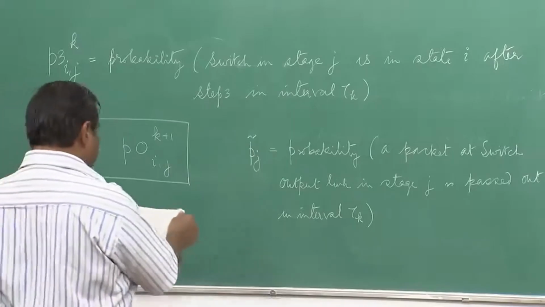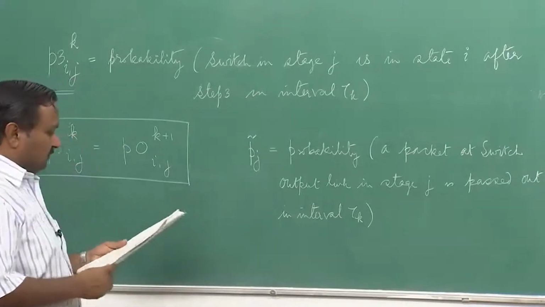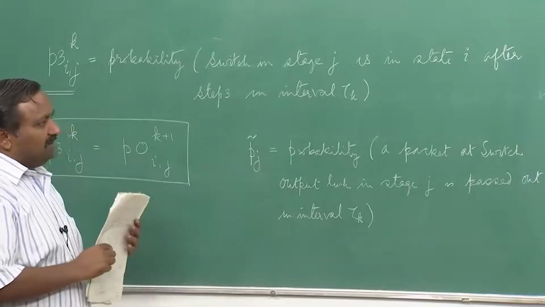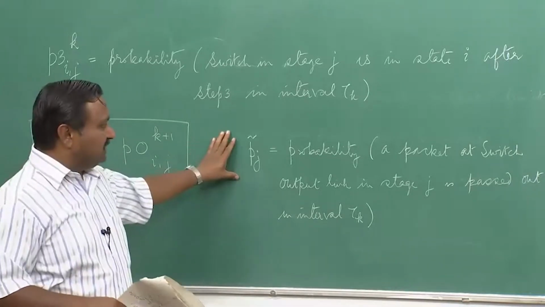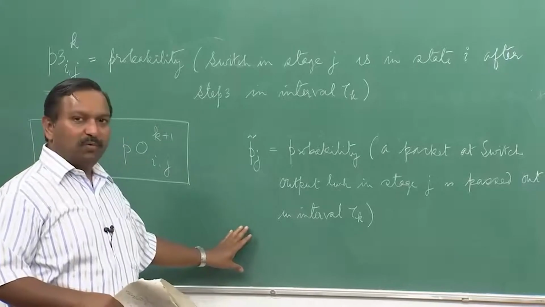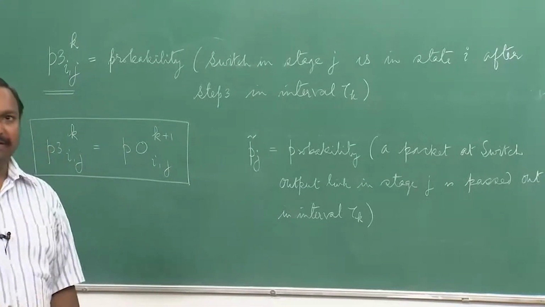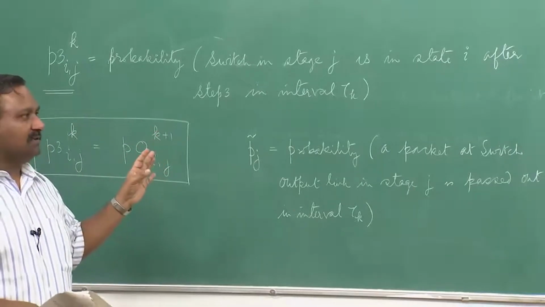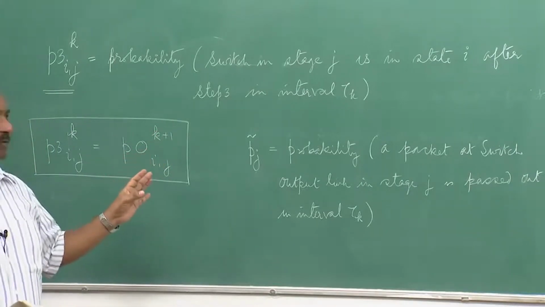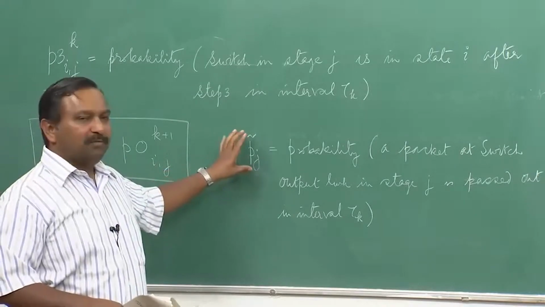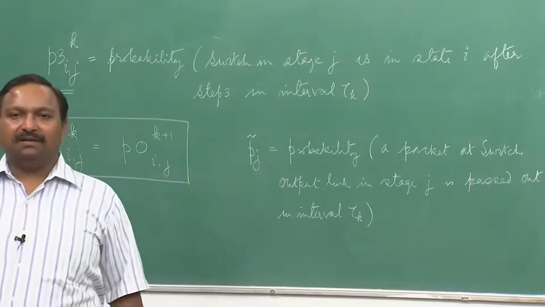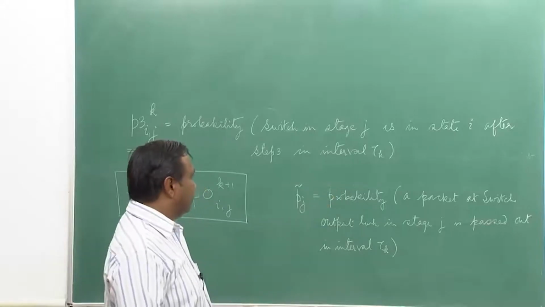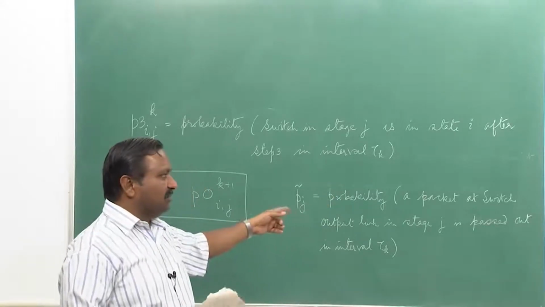So, now we need to figure out what the states are before we start estimating this Pj tilde, and there is another probability we will define, Pj bar, and based on that we will make the complete estimate. Ultimately, what we want to find out is the throughput, which will be Pn minus 1 tilde, the probability that a packet will go out. This is of course a conditional probability.